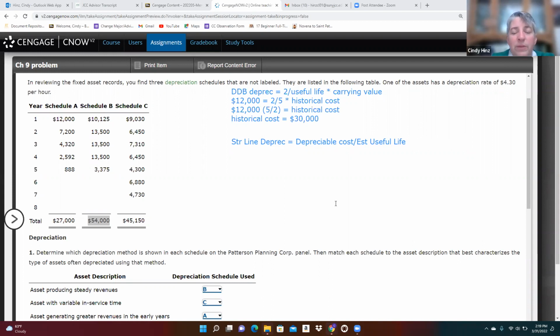So we know how much the depreciation is each year. And because we know the useful life, we could then find the depreciable cost, which would be $54,000. There's no way for us with this information to determine what the residual value is.